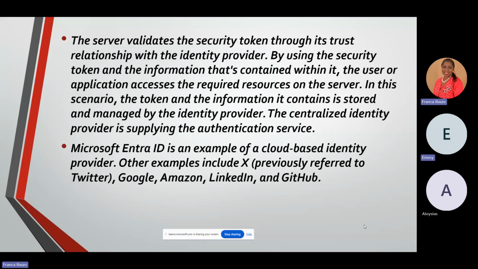So if you want the information about the identity, you can find it because it's centrally managed. The centralized identity provider is supplying the authentication service.